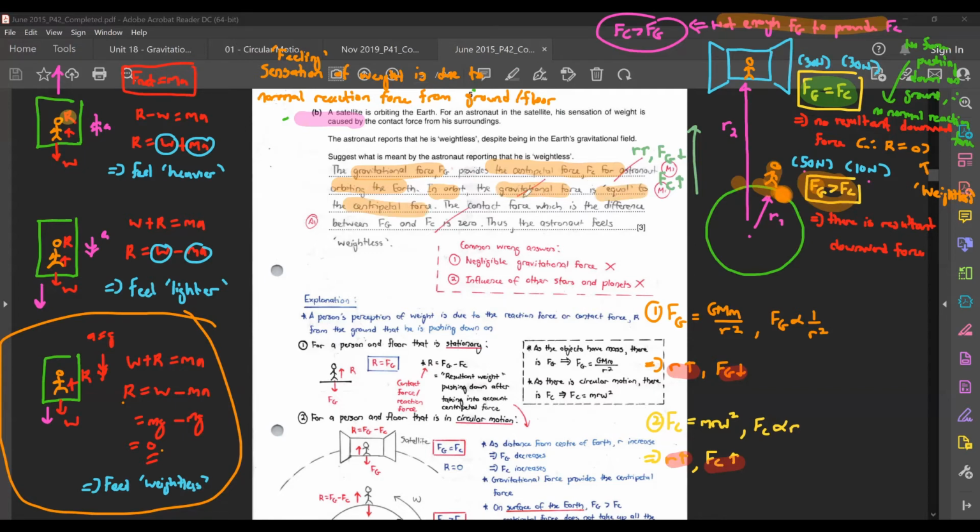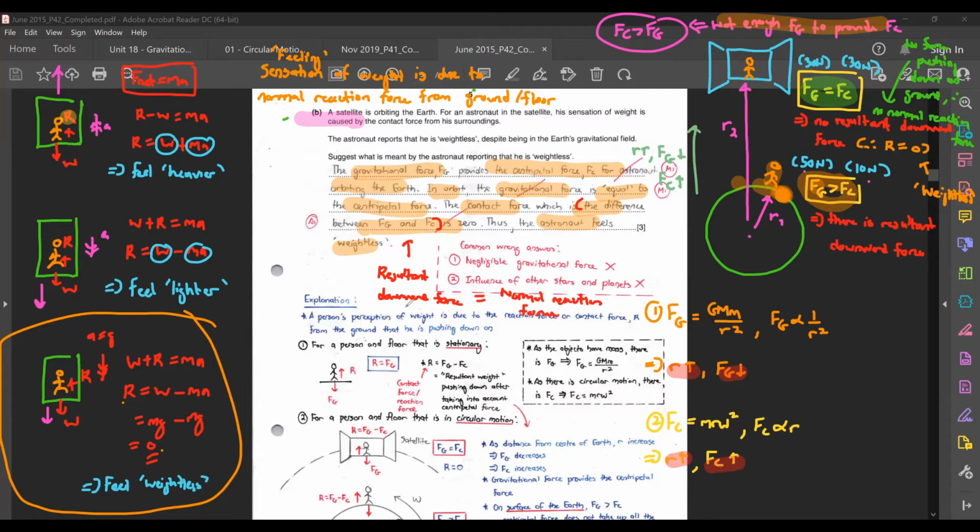Okay, so the contact force, which is the difference between Fg and Fc, is 0 here. Thus, your astronaut feels weightless. So here, the difference between Fg and Fc is actually your resultant downward force, which will in turn be equal to your normal reaction force.